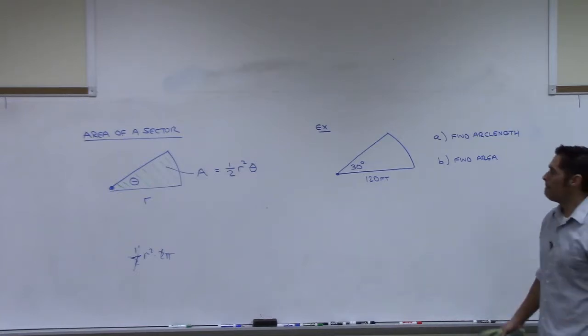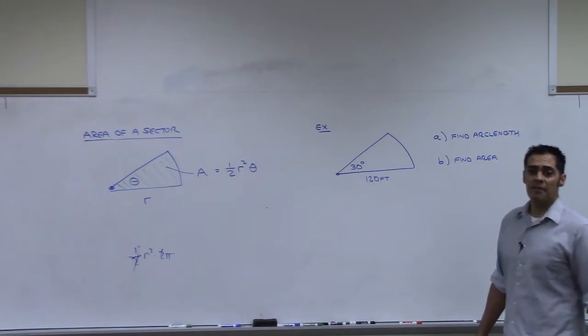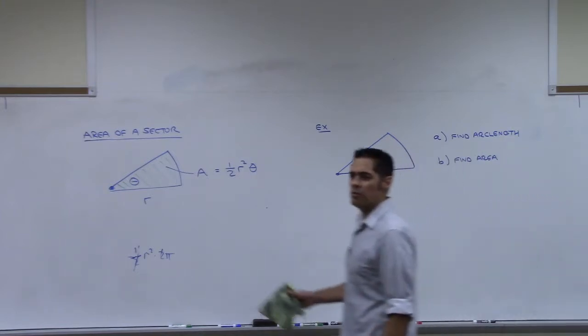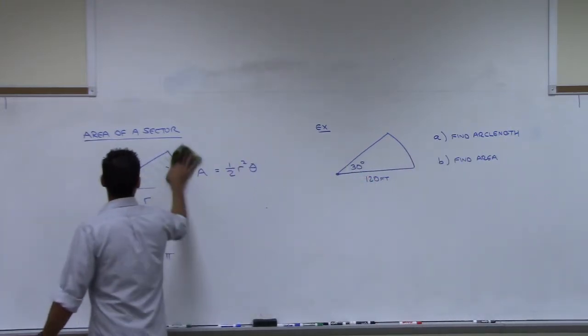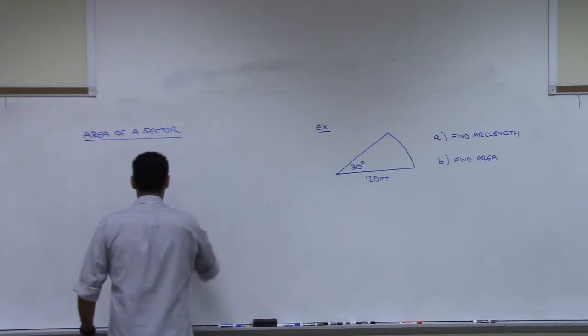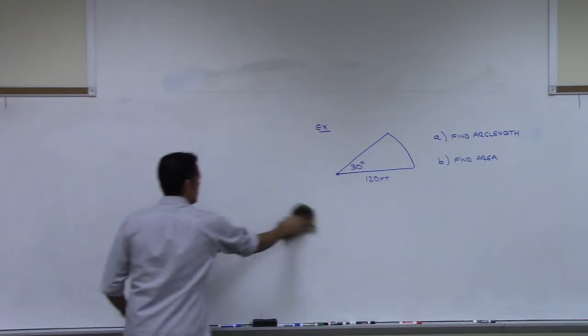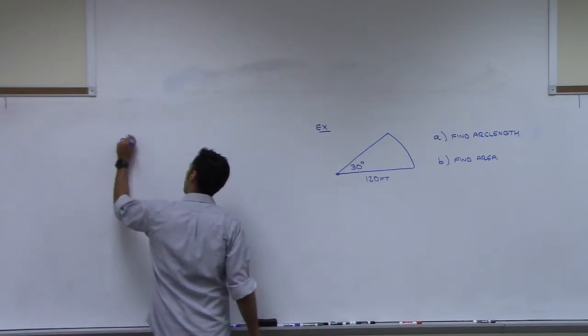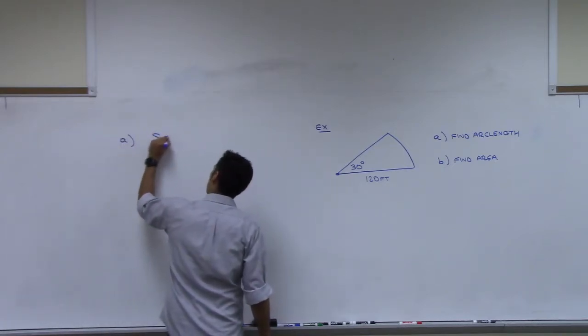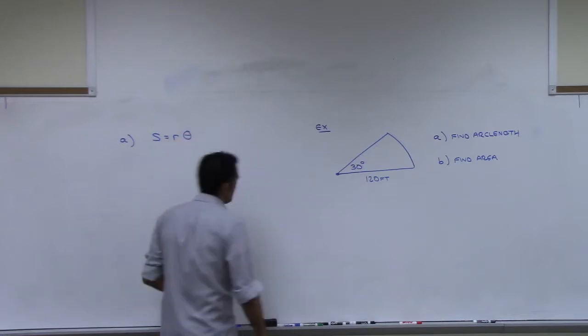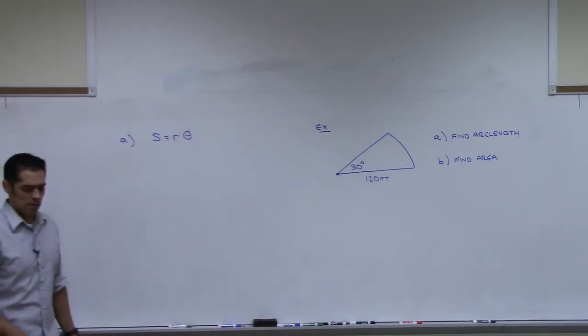Yes? Does it have to be in radians? It does have to be in radians. I didn't give it to you in radians though, right? I did that intentionally. So for part A, what formula am I using? Arc length. So S equals R theta, right? But theta has to be in radians.